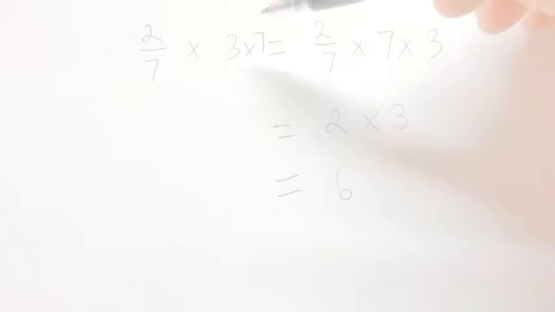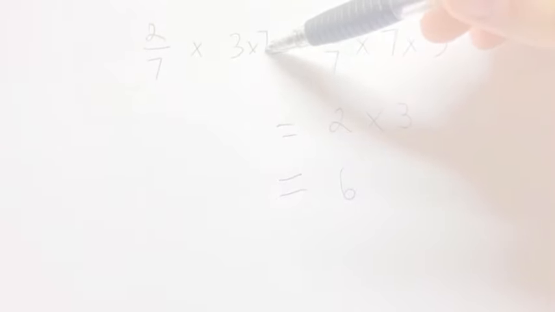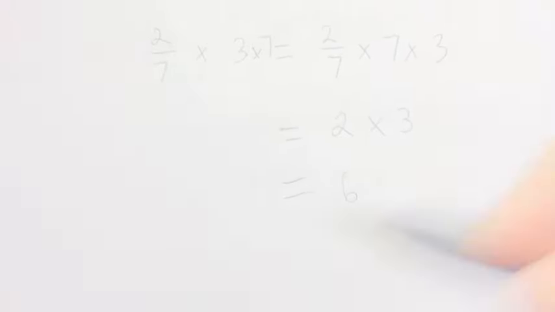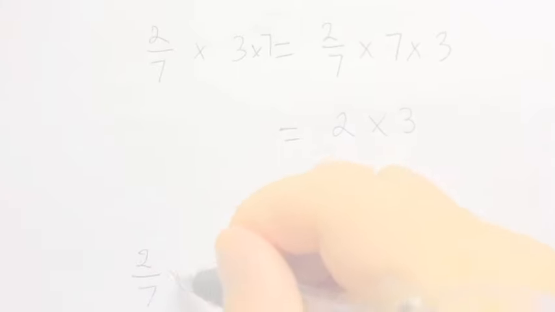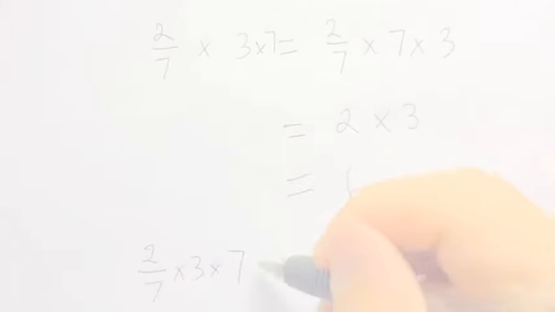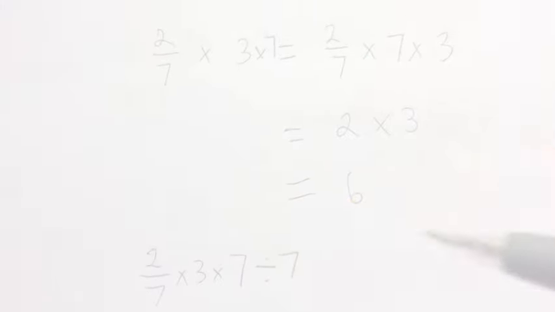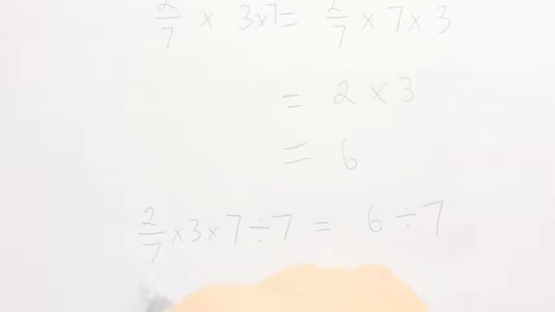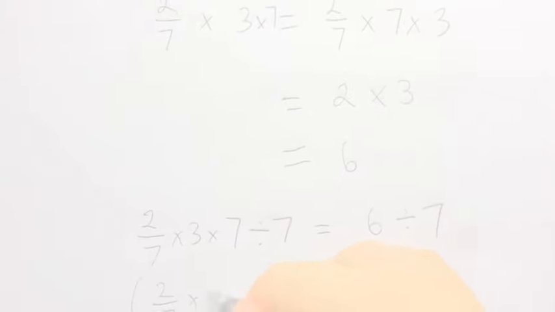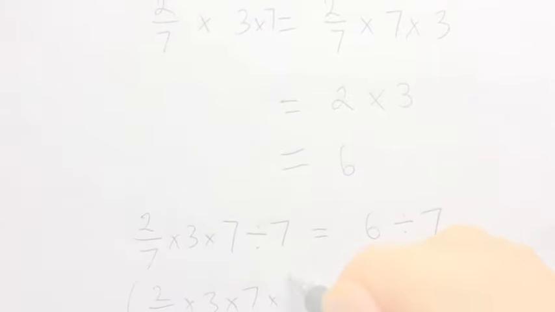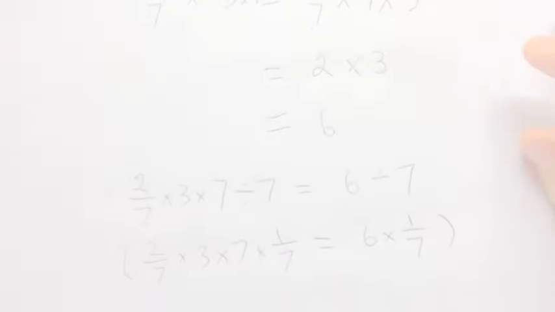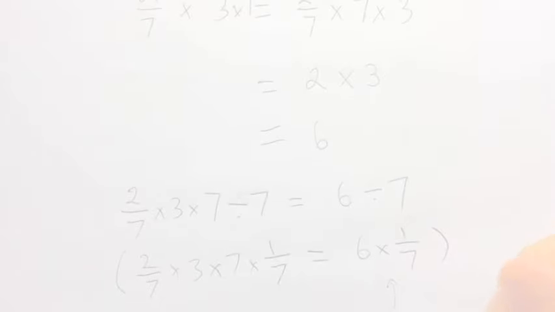Now to undo this times by 7, we can divide by 7. So we have 2 over 7 times 3 times 7 divided by 7. Another way of saying that is 2 over 7 times 3 times 7 times 1 over 7 equals 6 times 1 over 7, which is 6 over 7.